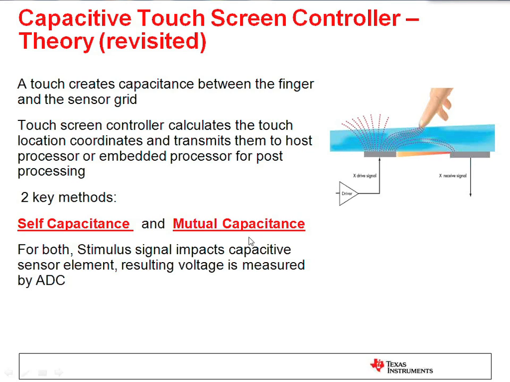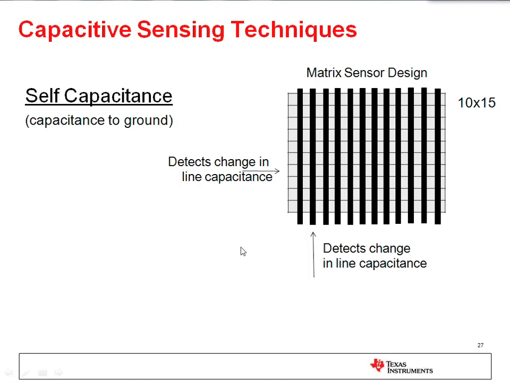And mutual capacitance is the capacitance of the interaction between those rows and columns. Now, what do I mean by that? Typically, capacitive touchscreen controllers are set up with an array of rows and columns. So in this case, we have a 10 by 15 array of rows and columns. These will overlay each other, and self-capacitance is used to detect just initial changes in capacitance.